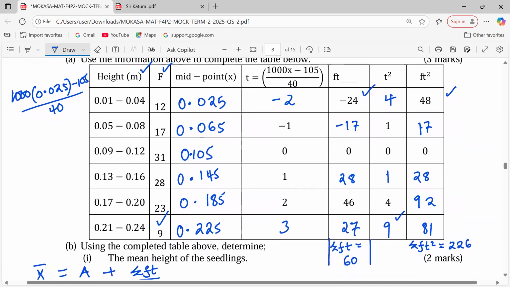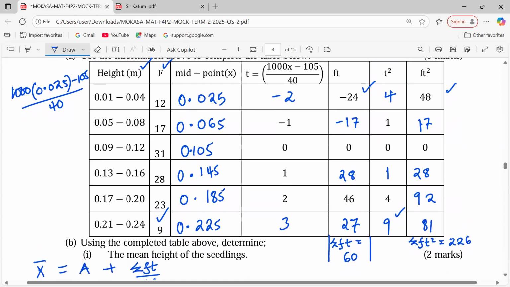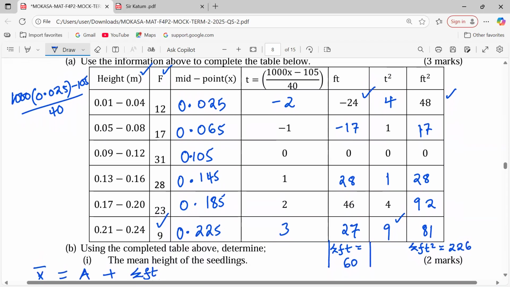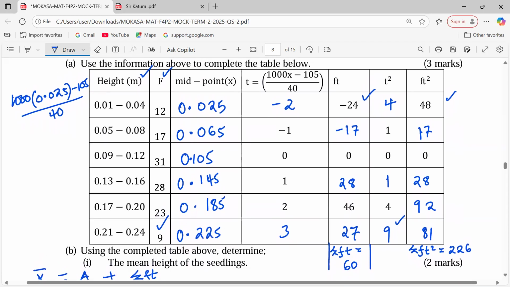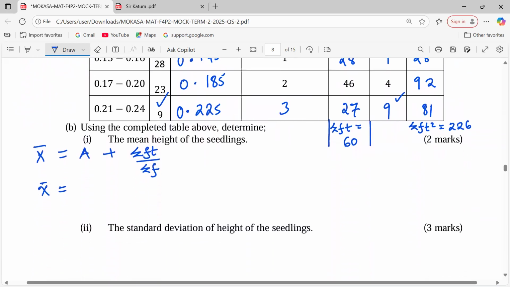So we need to talk about, because of multiplying by 1,000, we should divide by 1,000. And because of dividing by 40, now we multiply by 40. So we should be having our constants now being taken as the reciprocal.